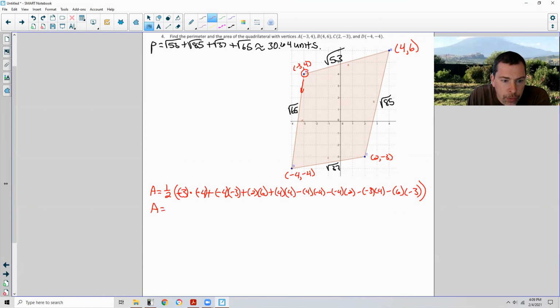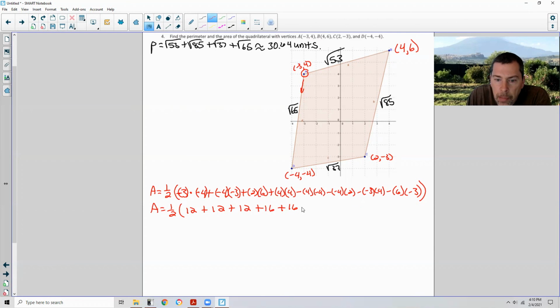So area equals 1/2. Negative 3 times negative 4 is 12. Plus negative 4 times negative 3 is 12. Plus 6 times 2 is 12. Plus 4 times 4 is 16. Minus 4 times a negative 4, which is another plus 16. Did I do that right?